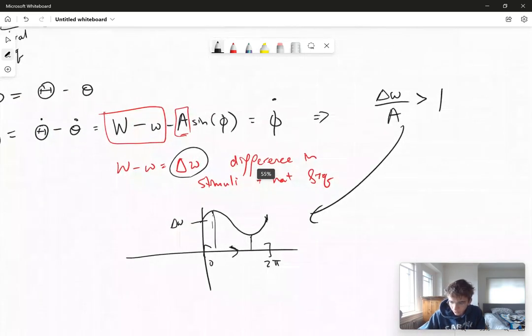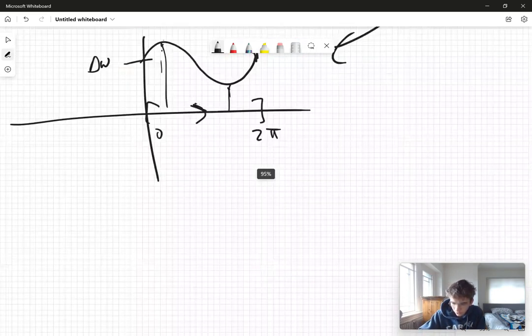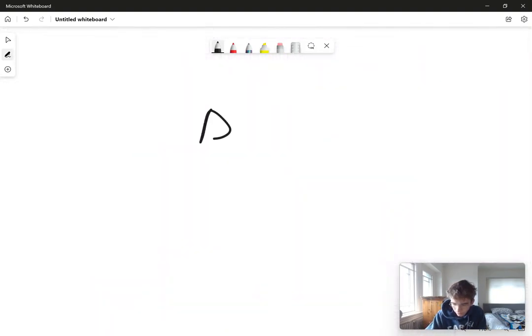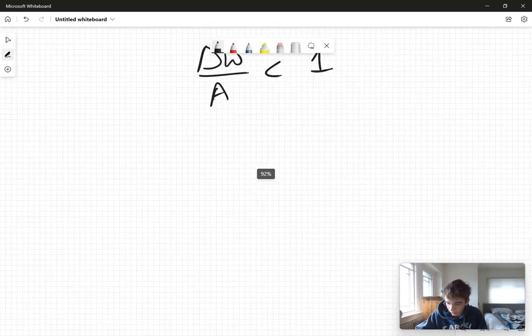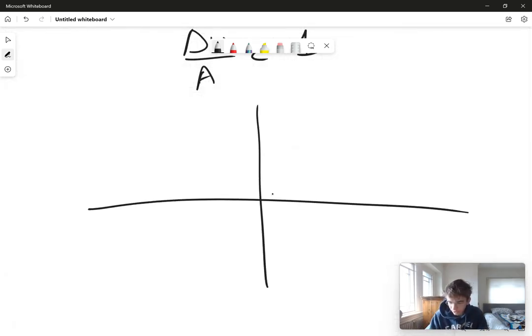If delta omega over A is smaller than 1, this means that the fireflies are effectively able to entrain themselves to the stimulus, i.e. the difference between the natural frequency and the frequency of the light is not too large for the fireflies to entrain themselves. Then we're going to have a system that looks like this.